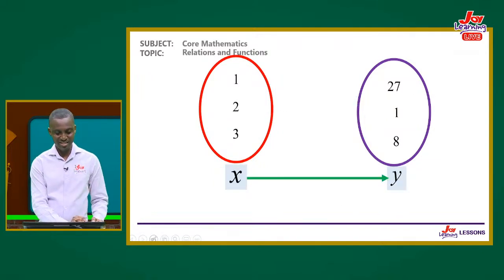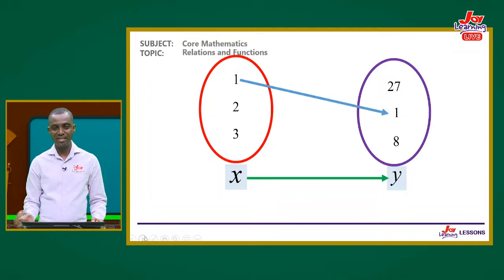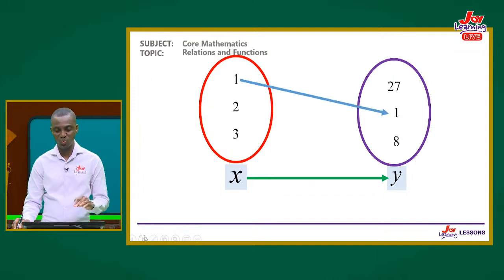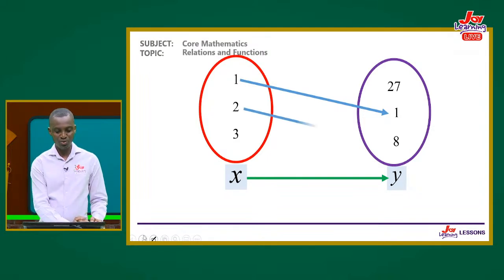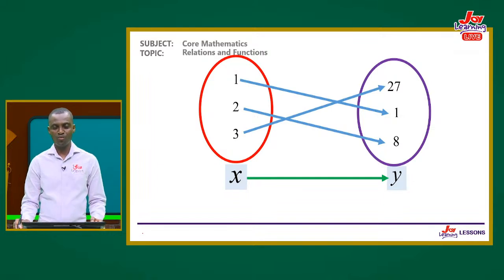So let's look at another example here. We have a set X and a set Y, and I relate 1 to 1, 2 to 8, and 3 to 27. The question I'll ask myself is, what is the relationship between 1 to 1, 2 to 8, and 3 to 27? What is the relation?